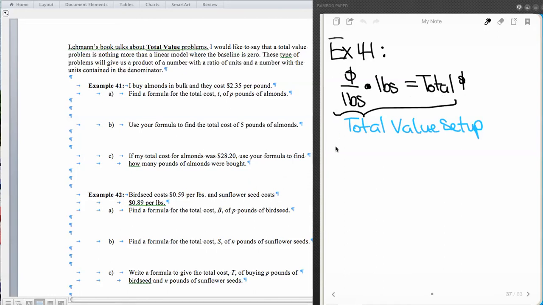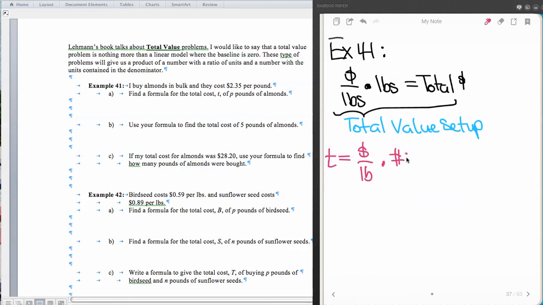And so our problem here, we have the T is the total cost, and this is the total cost of dollars per pound, and we have number of pounds being multiplied by this.